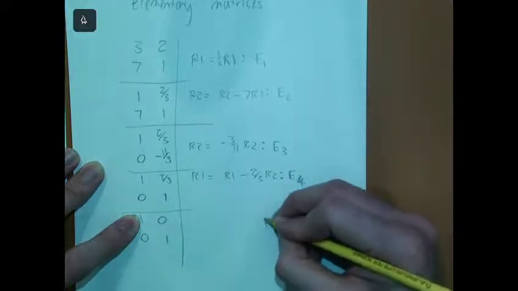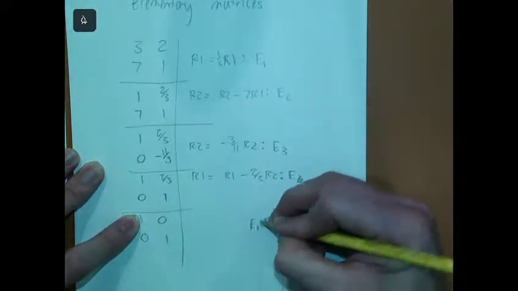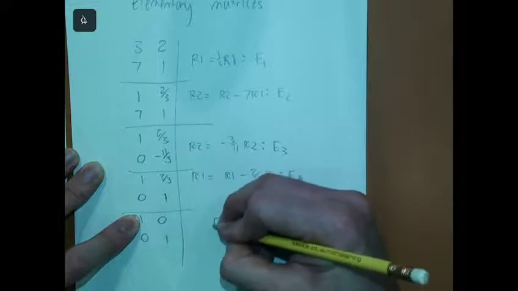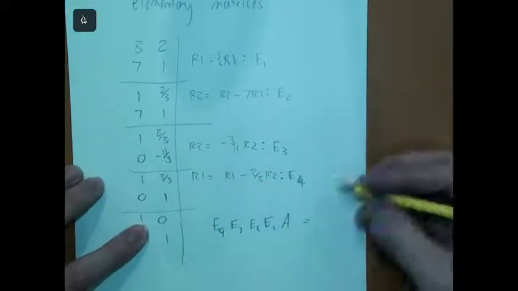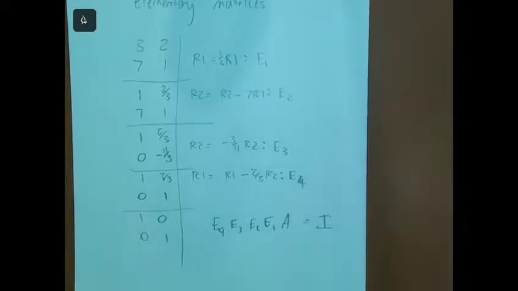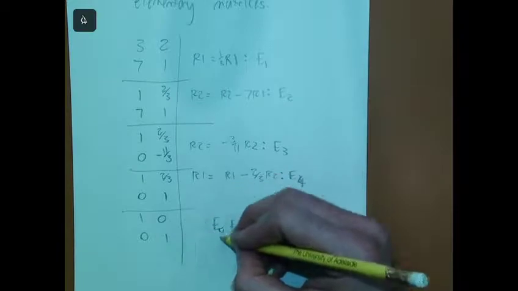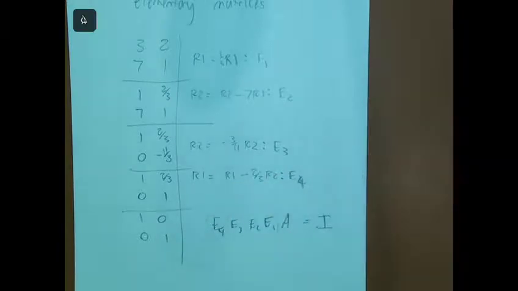So A times E1 times E2 times E3 times E4. When I did all those row operations, what I ended up with was the identity. So already, not that they asked me, but I can tell that this must be the inverse of A, because when I times it by A, I get the identity.